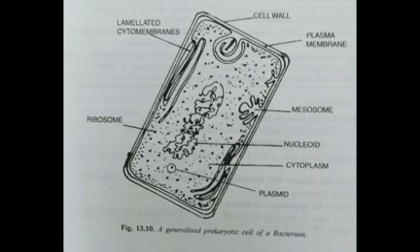Therefore, the functions of these organelles are performed by poorly organized parts of the cytoplasm. Photosynthesis in photosynthetic bacteria is carried out by membranous bag-like vesicles associated with the plasma membrane, because chloroplast is absent in prokaryotic cells.